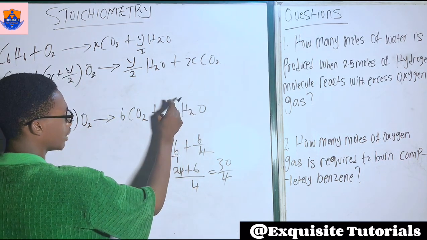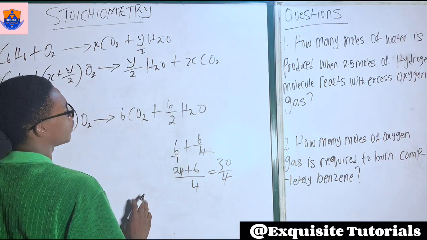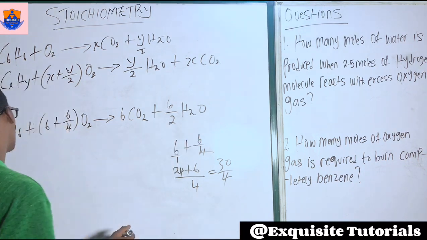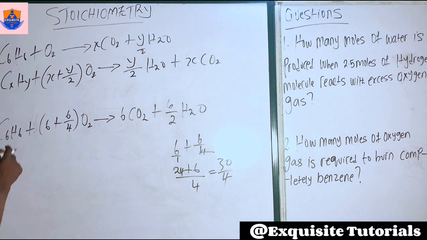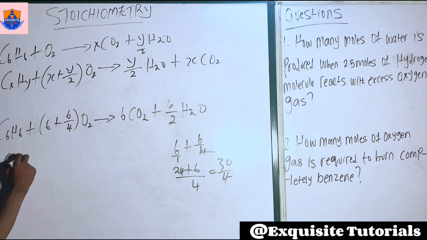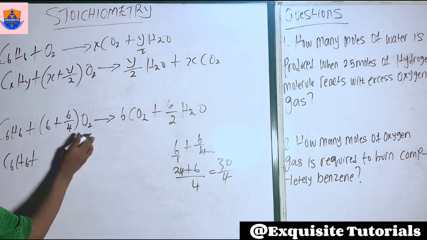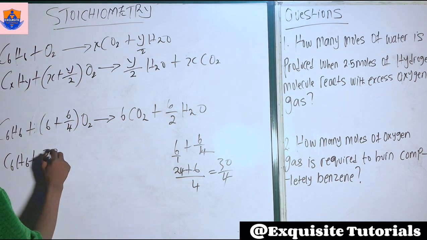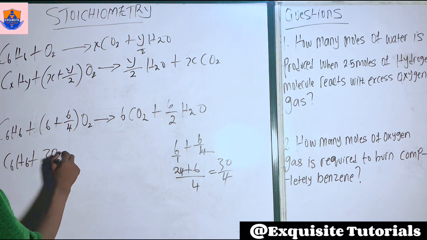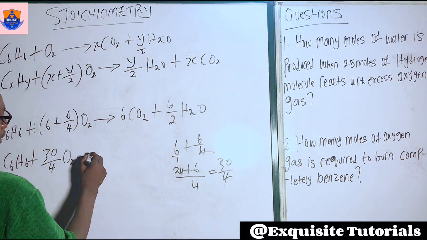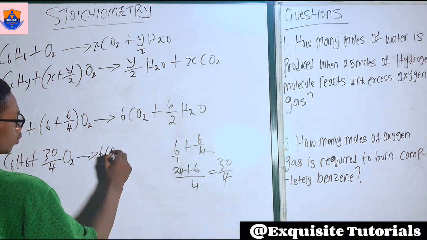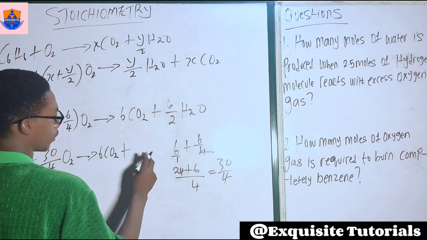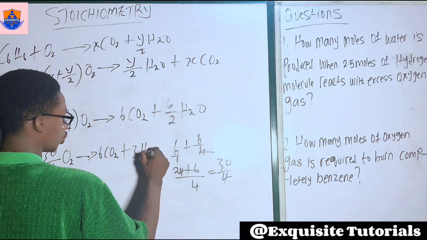Over here we have 6 divided by 2, which is 3. So now let's rewrite the equation: C6H6 plus 30 over 4 O2 gives 6 CO2 plus 3 H2O.